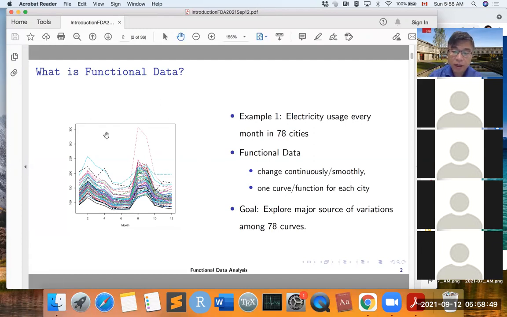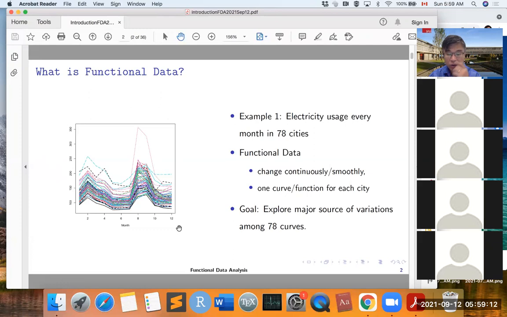They are the electricity usage every month in 78 cities. The electricity usage for each city will be one curve, so in the graph here we have 78 curves.